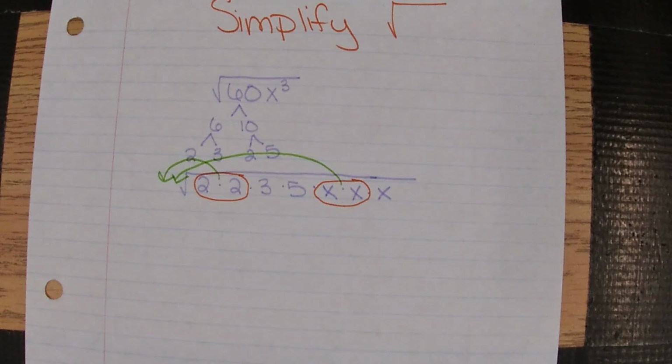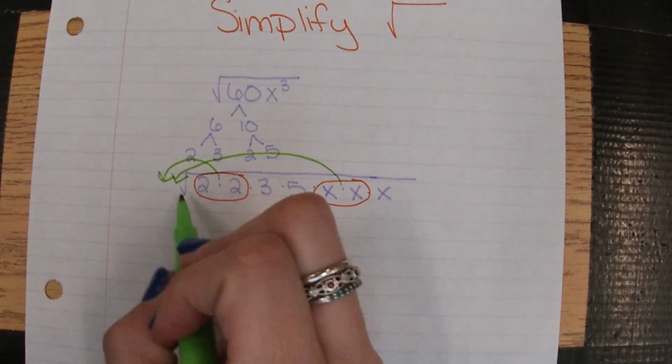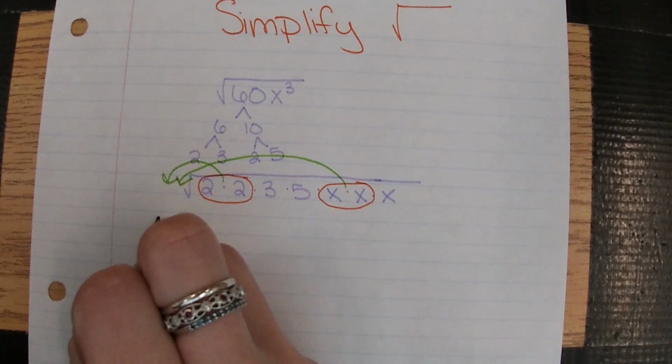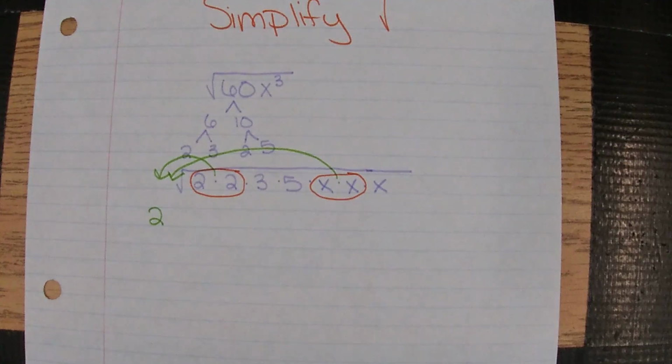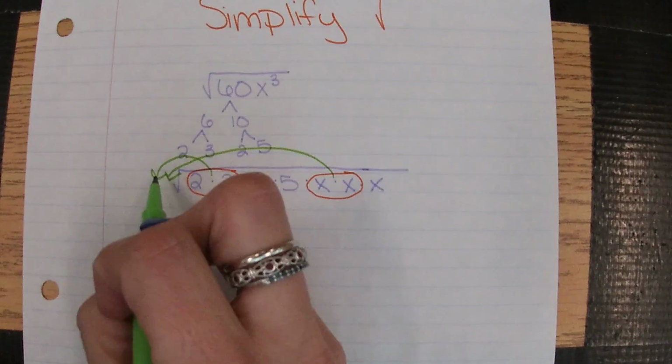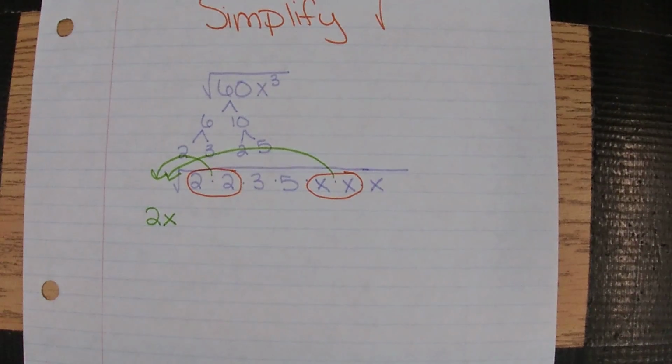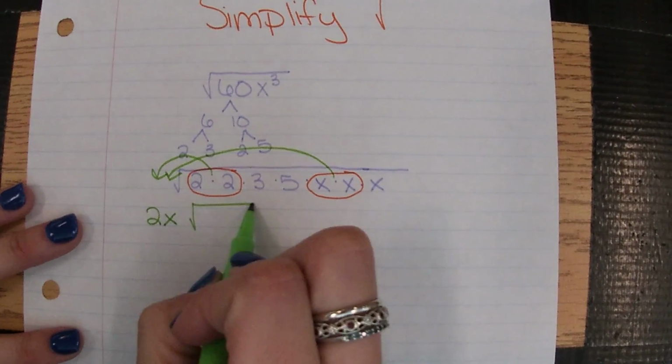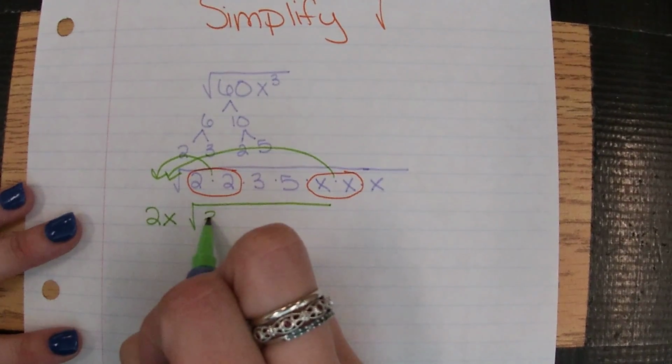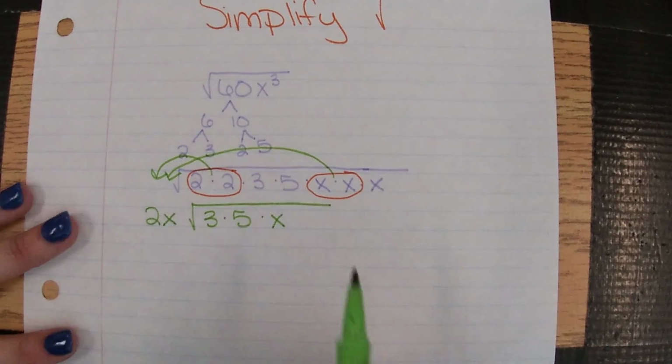Now remember, when it comes outside of that square root, we are only going to write it down one time. So even though there were 2 2s, I'm only going to write down 1, right? 2 shoes, 1 pair, right? I have 1 pair of x's, so that x counts 1 time. Okay, and left underneath here, I have a 3, a 5, and an x.